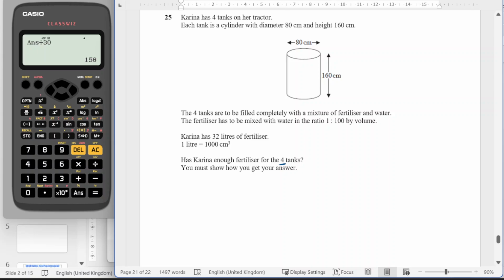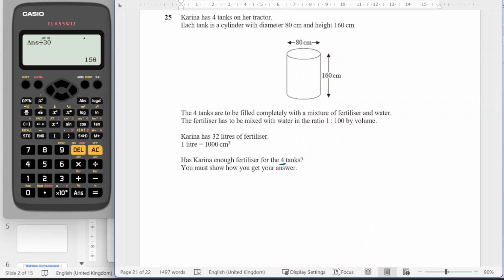Okay, so I need to work out the volume of the 4 tanks first of all. Just trying to think, can I take a little bit of a shortcut on this? No. Right, so how am I going to go about this?